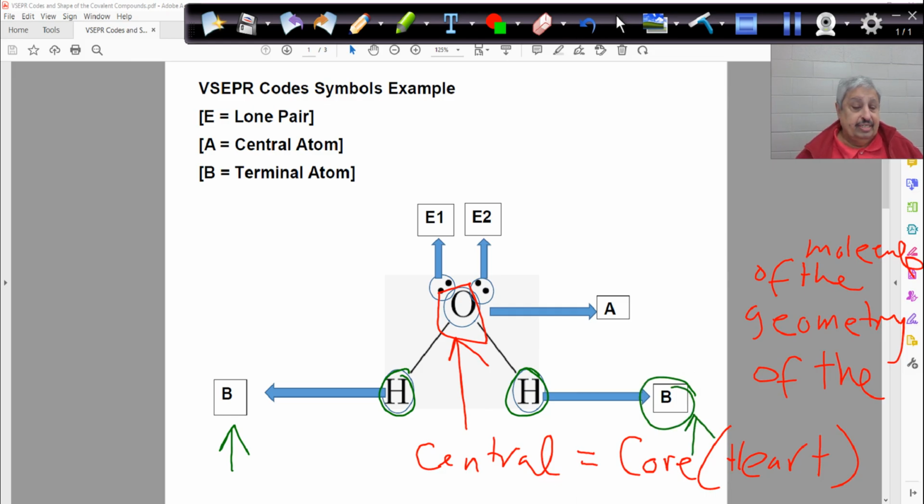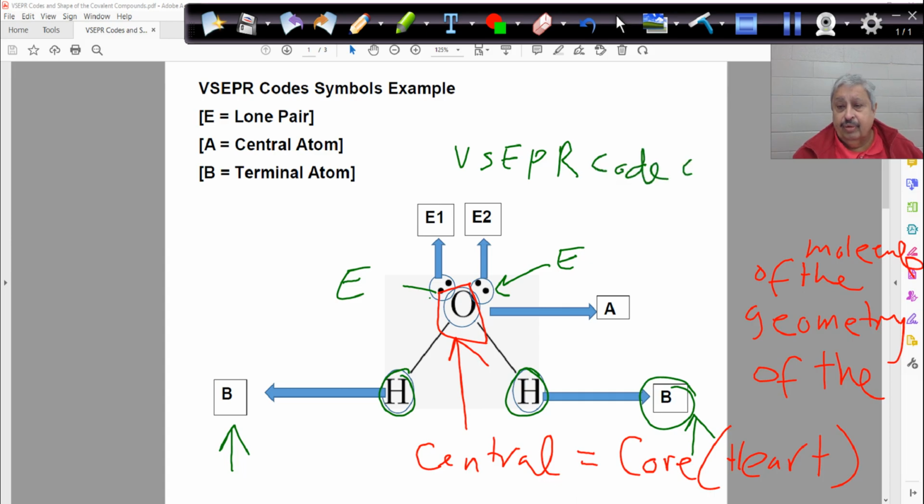And the lone pairs, we call them E. So the VSEPR code of H2O will be, guys, the central atom is 1 A, correct? That's the A here. So A, that's the central atom.